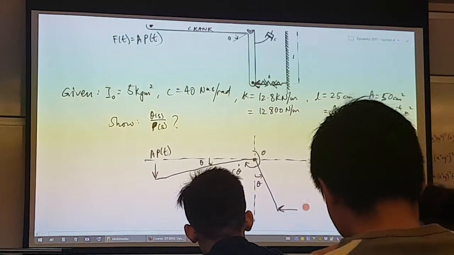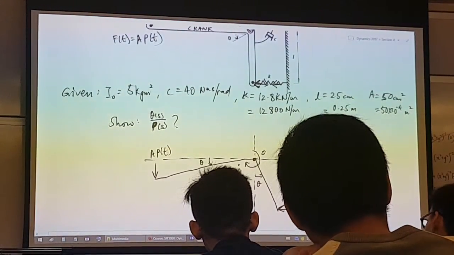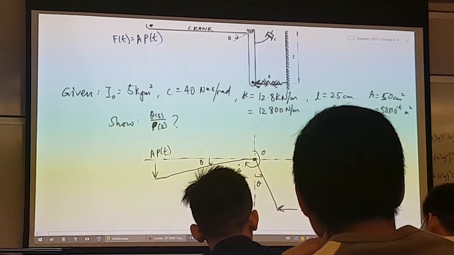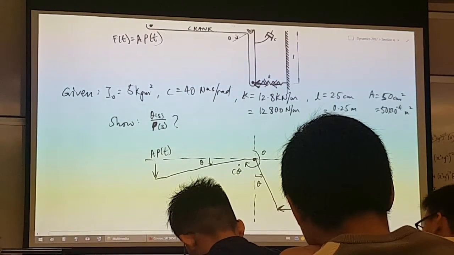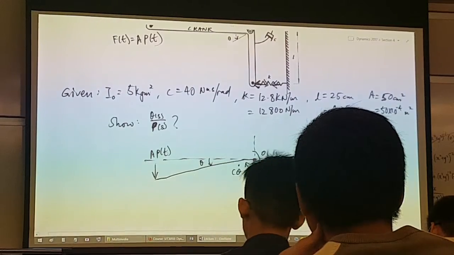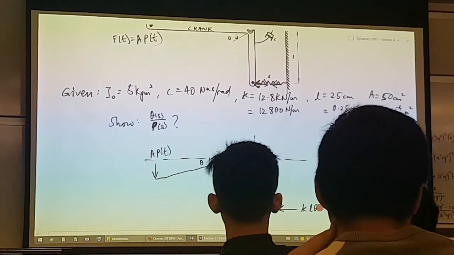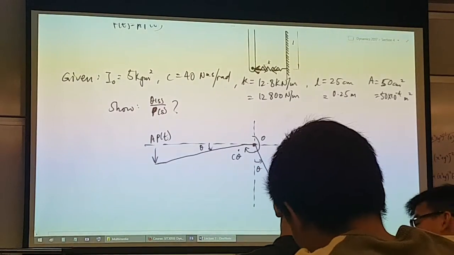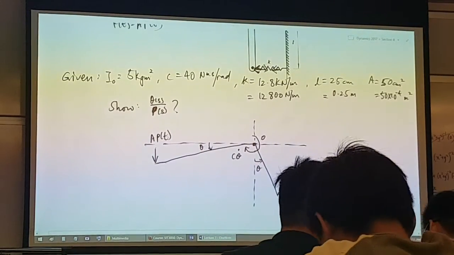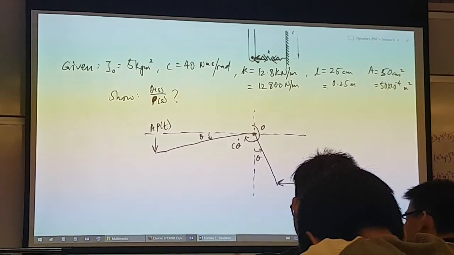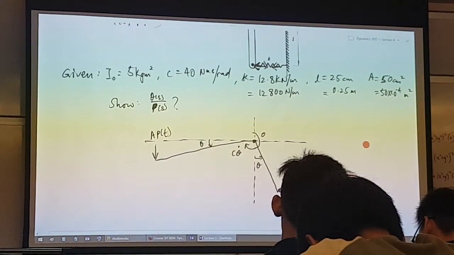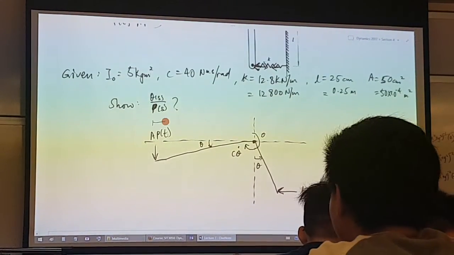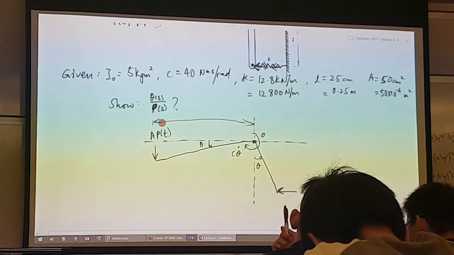So that spring force, what you've got to know is Kx, but in this case it's not x because it's a rotary system. It's L theta. If you don't know why it is L theta, then your previous example will also be put there. Just by sketching this, maybe let me label.